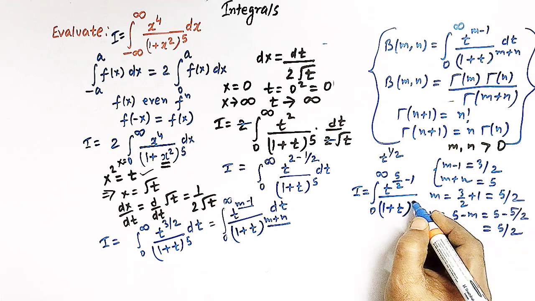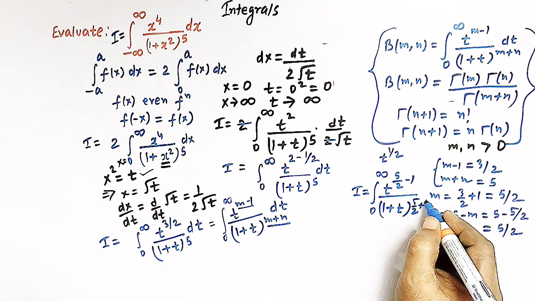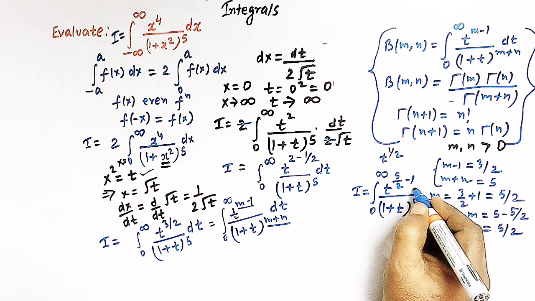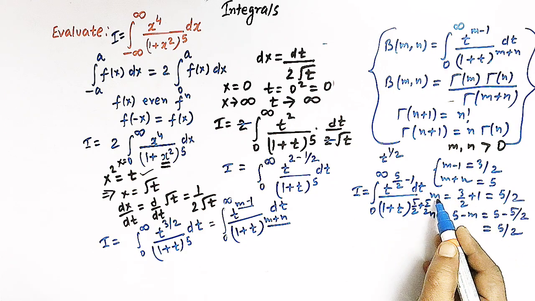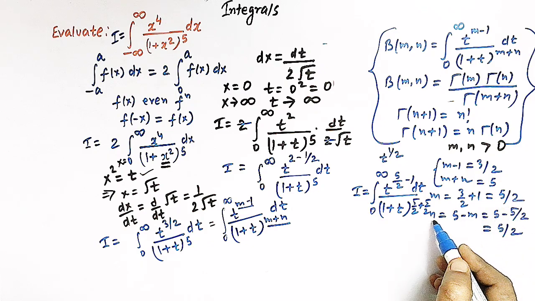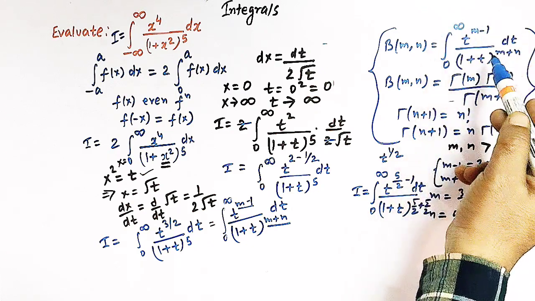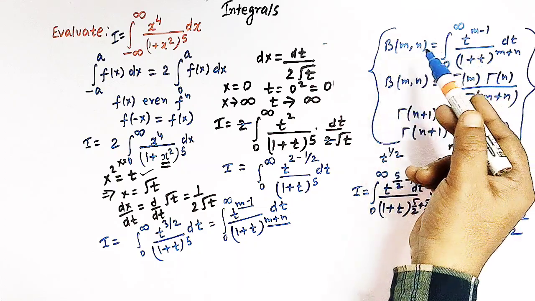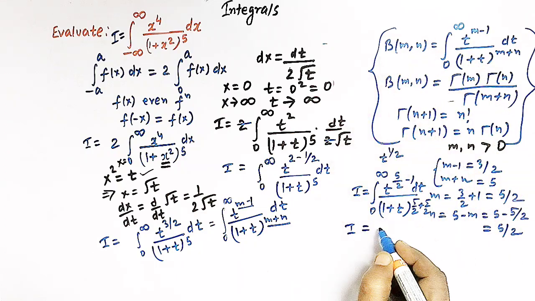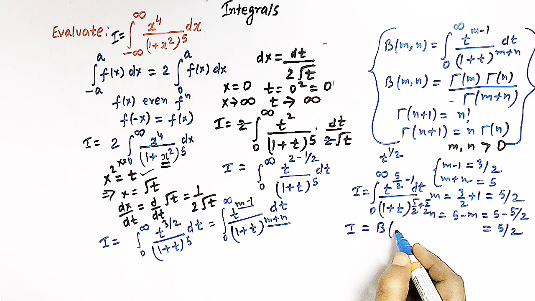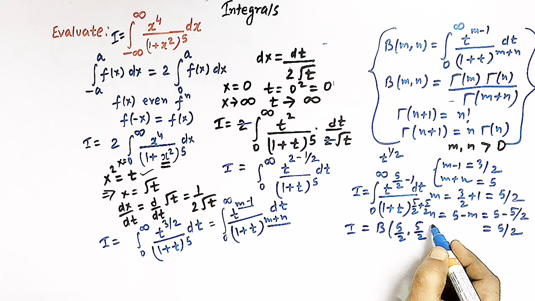So m is 5 over 2, and n is also equal to 5 over 2, and here we have dt. So now the value of m is 5 by 2 and n is equal to 5 by 2, and by the definition of beta function, we have this integral I is equal to beta function, that is beta 5 by 2 comma 5 by 2.